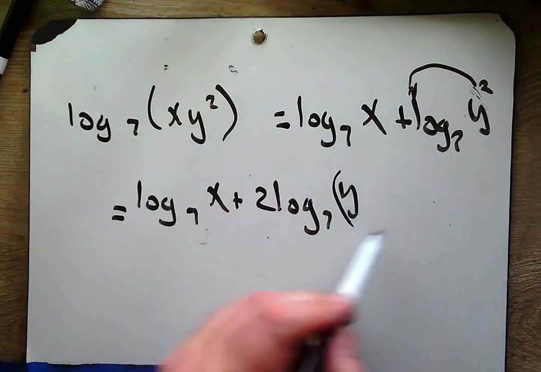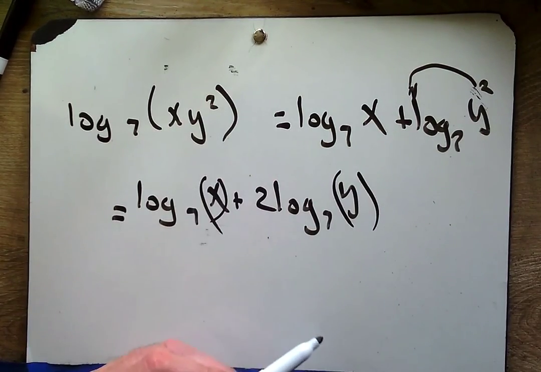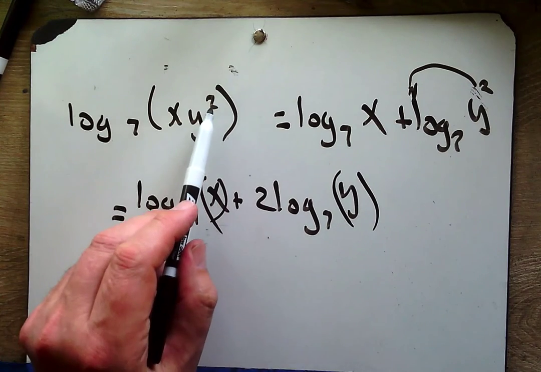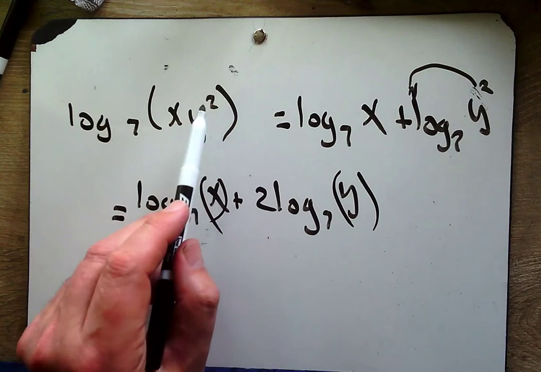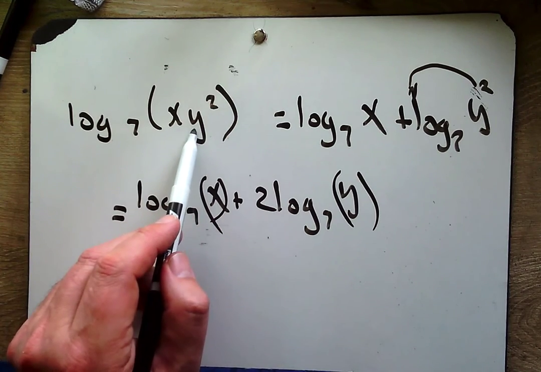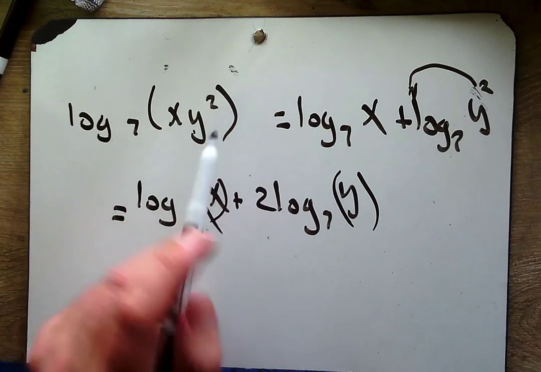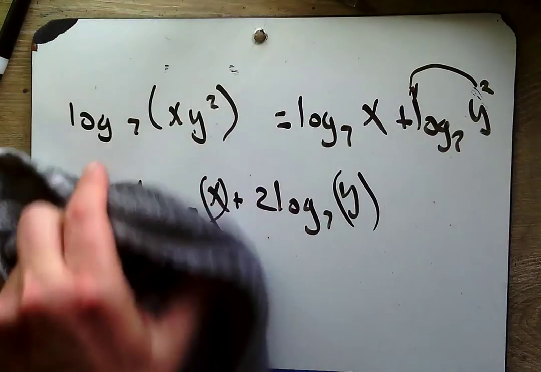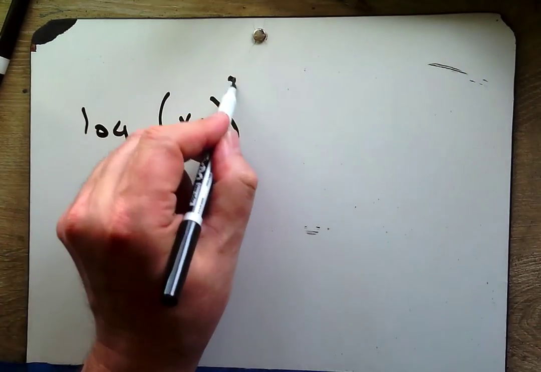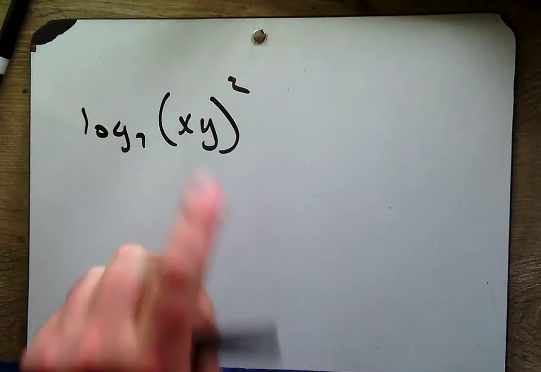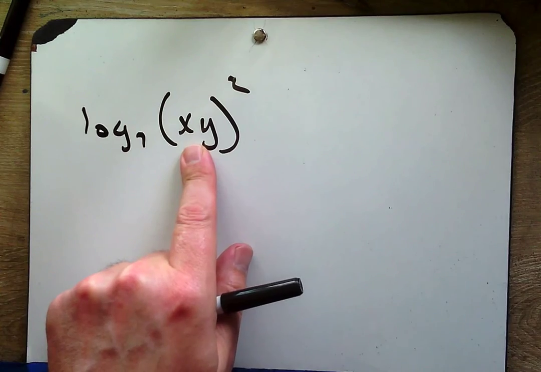Okay? That squared doesn't come down first because that squared only applies to this y. It doesn't apply to both of these. Now, if I had something else, like log base 7 of xy squared, aha, this squaring applies to both of these.